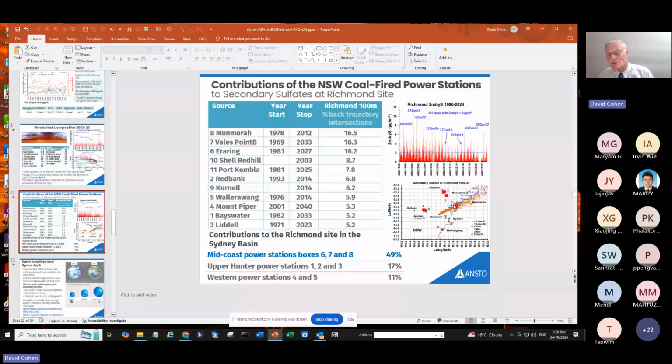The sea spray fingerprint will have sodium, chlorine, sulfur and bromine. The coal-fired power station source will have organics and sulfur, if you've got sulfur in your coal, and carbon and a few other things. Unfortunately, I haven't got slides here with the fingerprints for positive matrix factorization. It's another talk in itself.